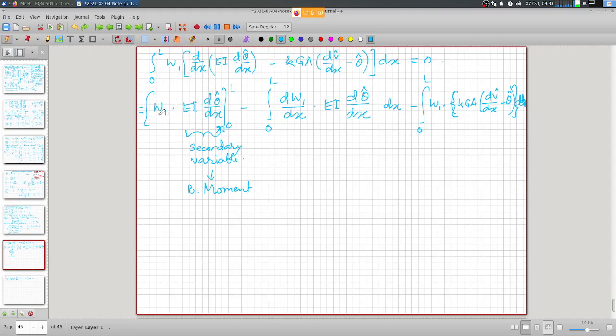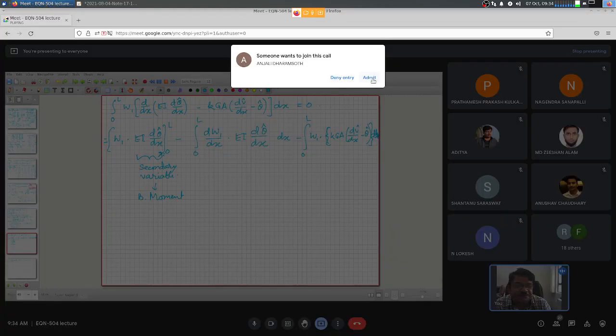And corresponding to that is the weighting function term, which has to be substituted by the corresponding variable of the differential equation. So this product should always be a work quantity.